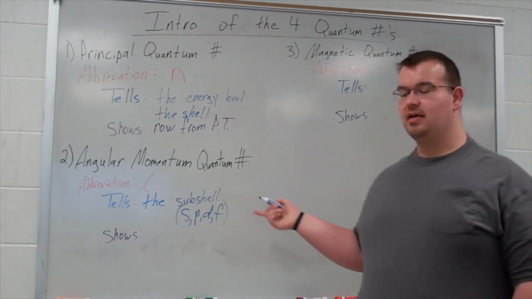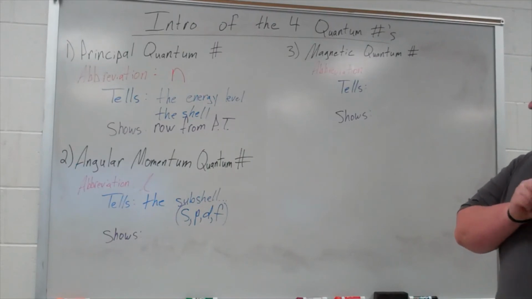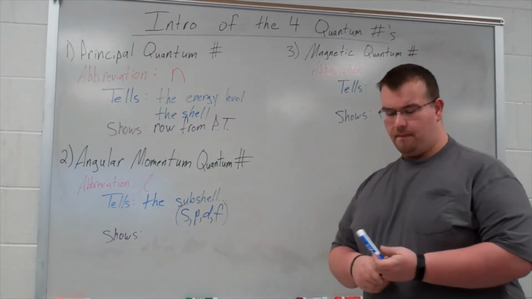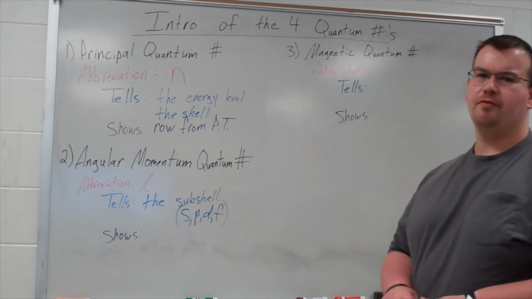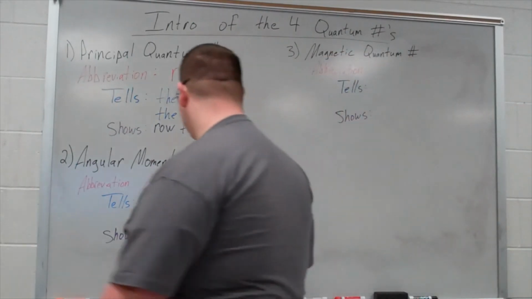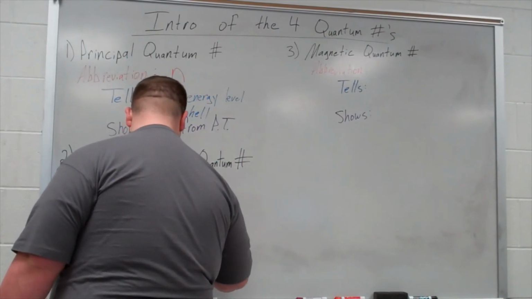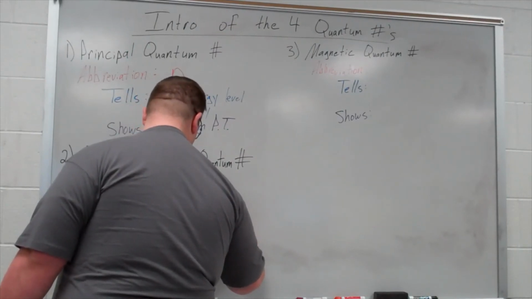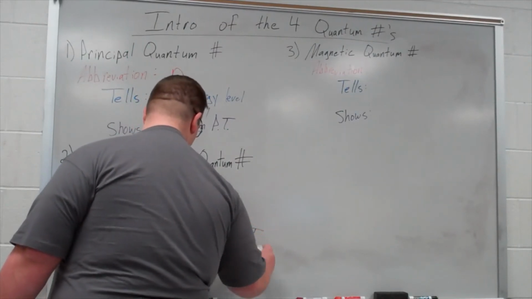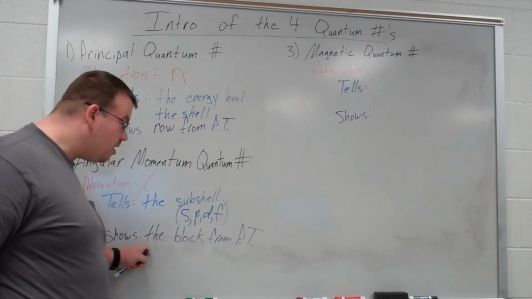In this, it will show us the subshell, but the thing it'll show us is what block of the periodic table. So this is going to give you the block.